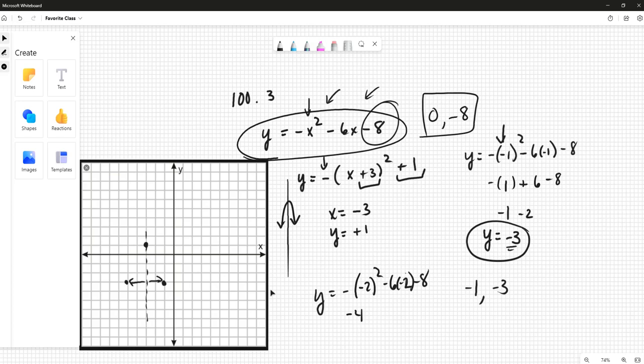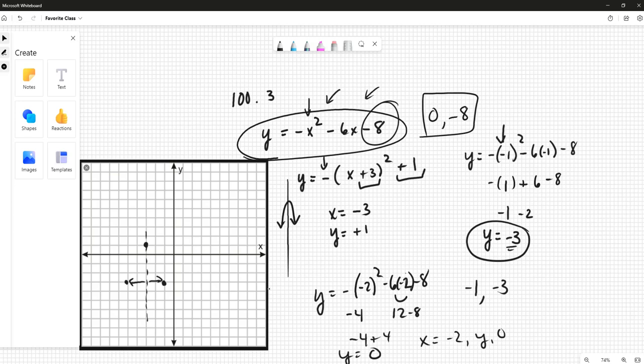So positive 12 minus 8 is 4. So that's negative 4 plus 4, which is 0. So when x is negative 2, then y is 0. Let's see if that works.